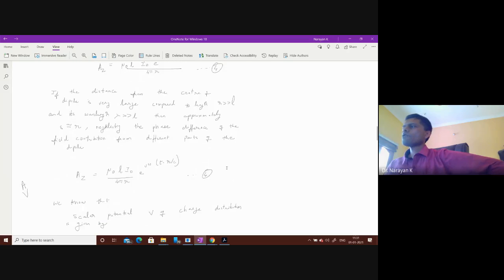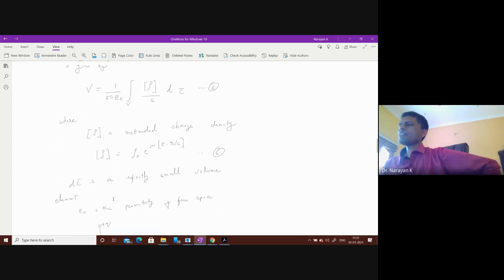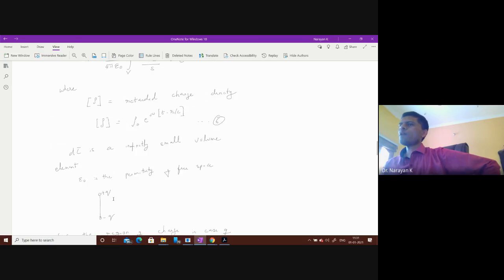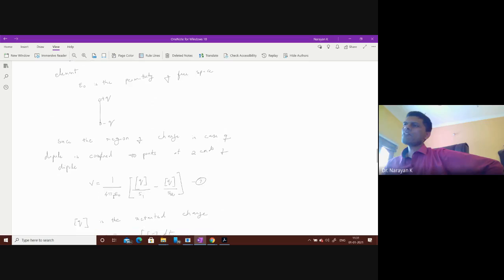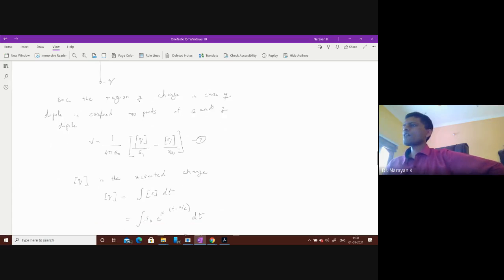Then after you get this equation 4, we define scalar potential V as 1 upon 4 pi epsilon naught, integration of retarded charge density rho by S d tau, where rho is the retarded charge density and d tau is the infinitely small volume element. Epsilon naught is the permittivity of free space. Since the region of charge in the case of the dipole is confined to the two points at the two ends of the dipole, we have plus q and minus q that we are defining.